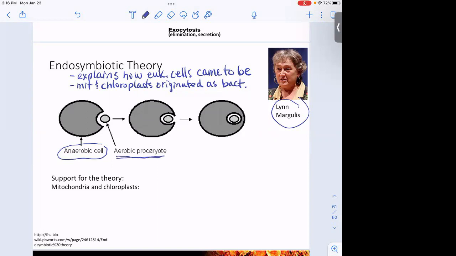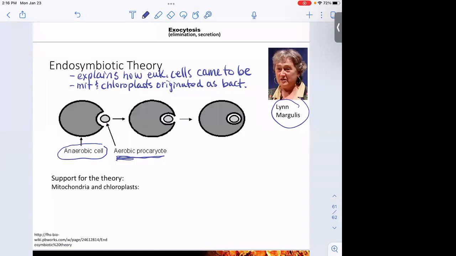And instead of eating that cell, like you would think it would for nutrients, that second aerobic cell was able to live inside the other cell. So we call that endosymbiosis, when one organism lives inside another organism.